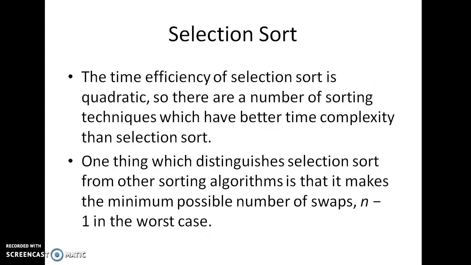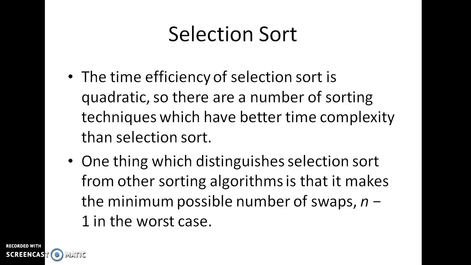The time efficiency of selection sort is quadratic because it has multiple loops. There are many sorting techniques that work with quadratic time complexity, and compared to those algorithms, it has better time complexity.